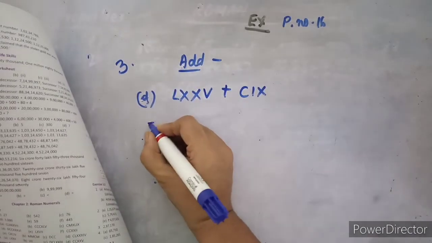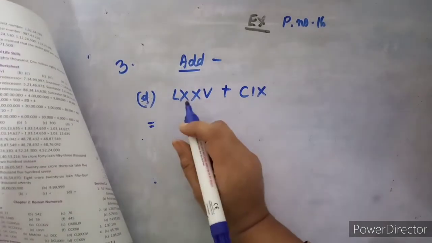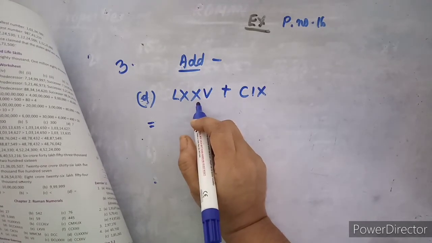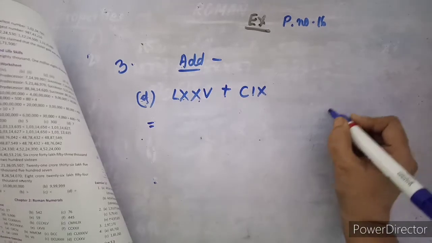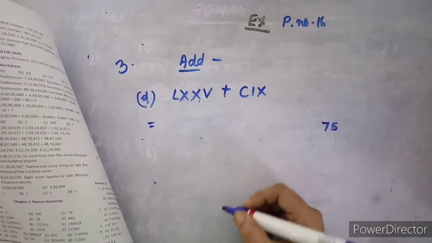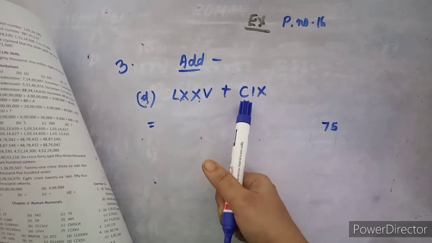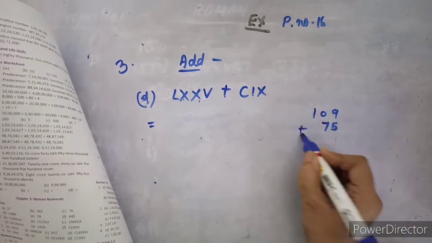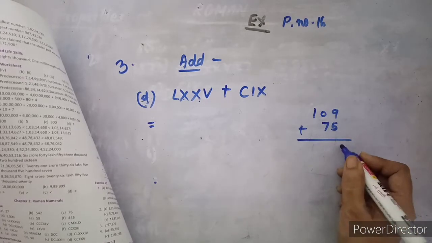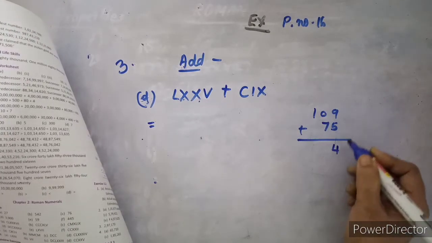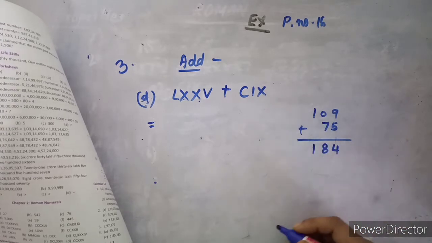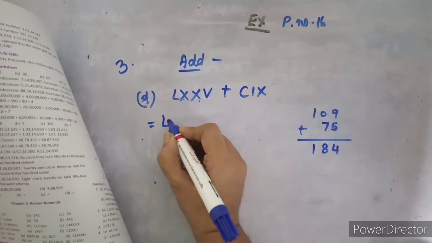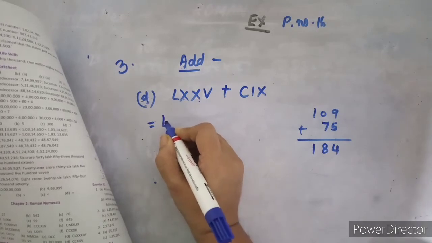Now go for your fourth one like this. So L represents what? 50. Now after 50, 2 tens are there. That means 75. Okay, 75. And this is your 109. So right here. Okay, now what is this? Just add up, 184. So how will you write 184? Now 50, 100, no?